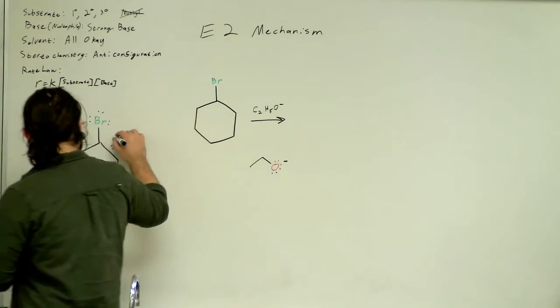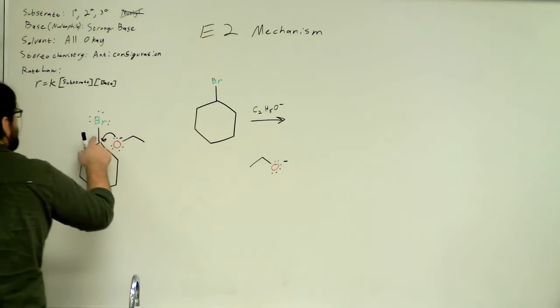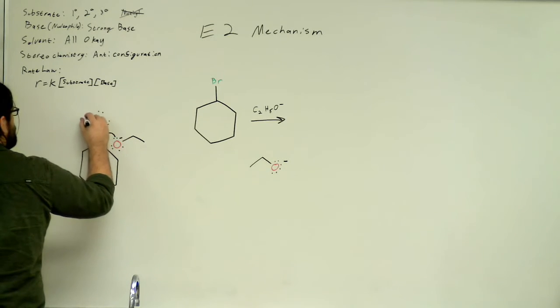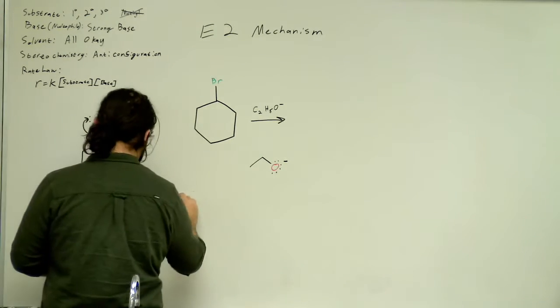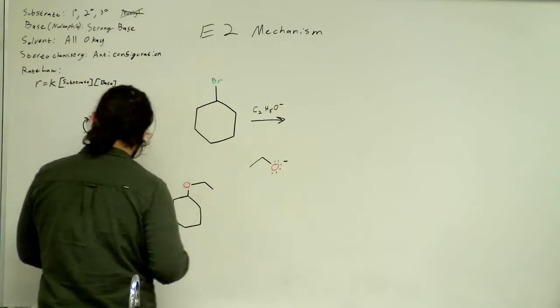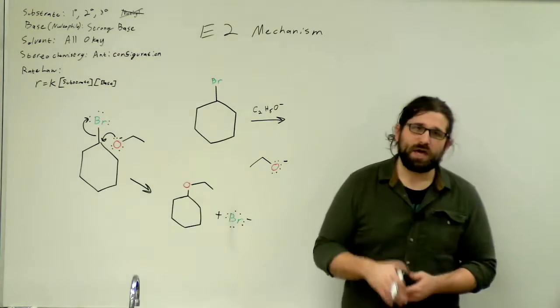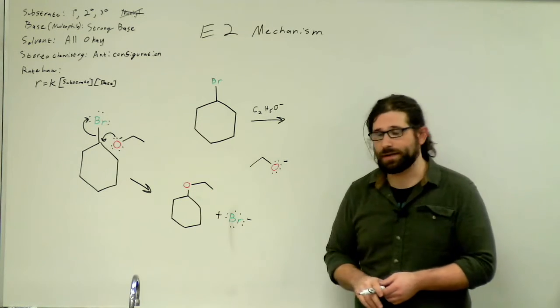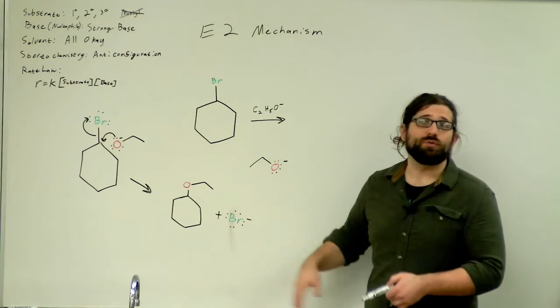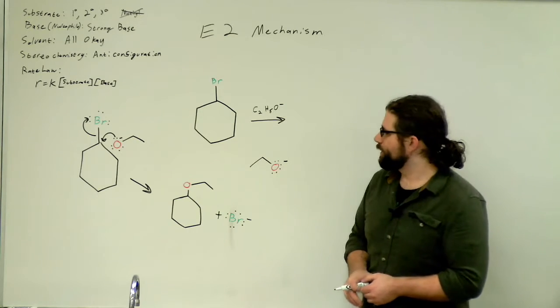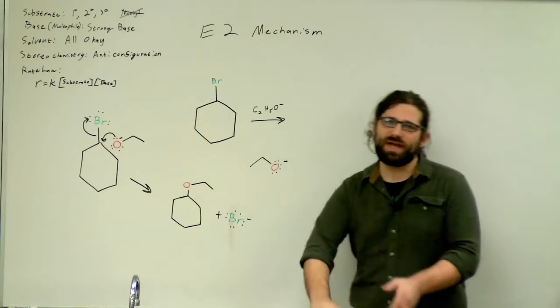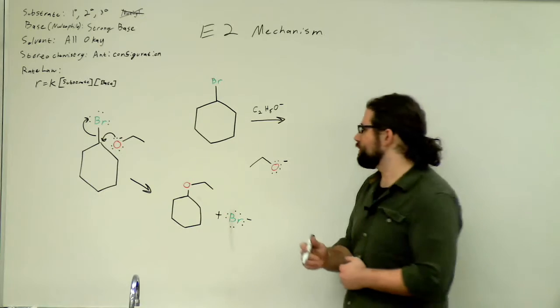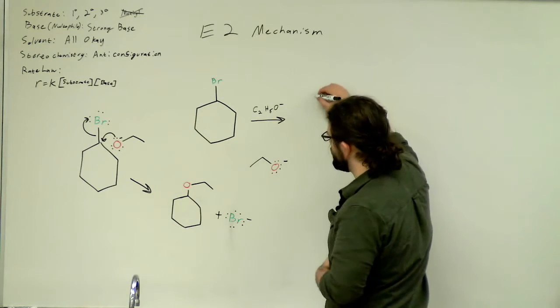So it's going to make this attack, and this bond is going to be let go into the bromine. And I'm going to be left with an ether that is attached to a cyclohexane. I'm also going to be left with the bromide anion. So that was my Sn2 reaction. That's part of the products that I'm going to get. So I can draw those up here.